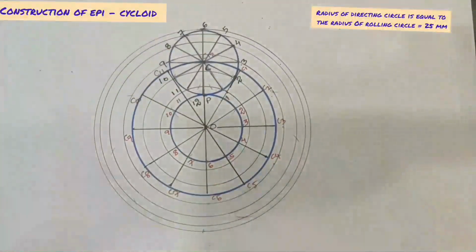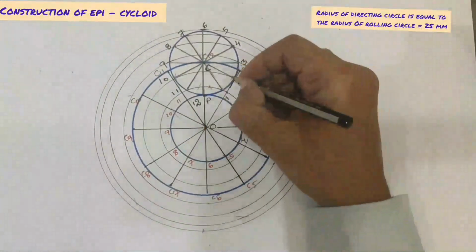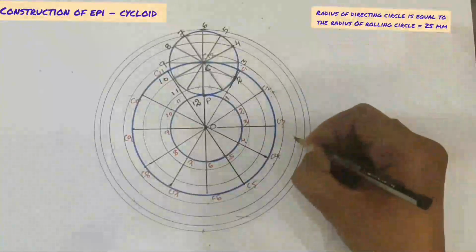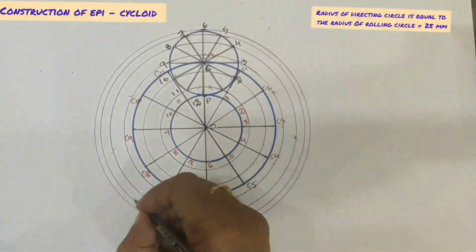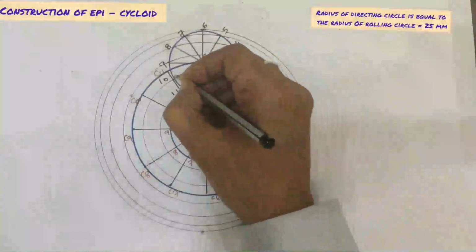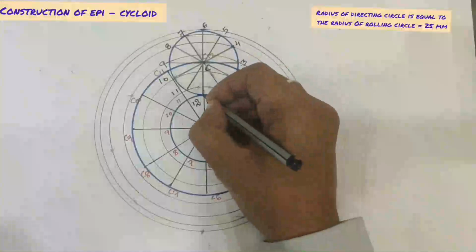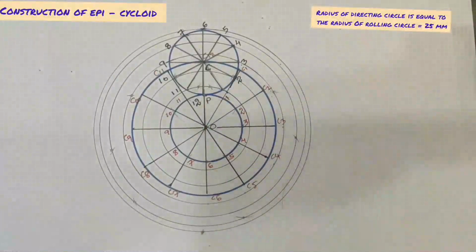After that, say this is P1, P2, P3, P4, P5, P6, P7, P8, P9, P10, P11, P12. That is, passing through all these points, draw smooth curve. That smooth curve is an epicycloid.